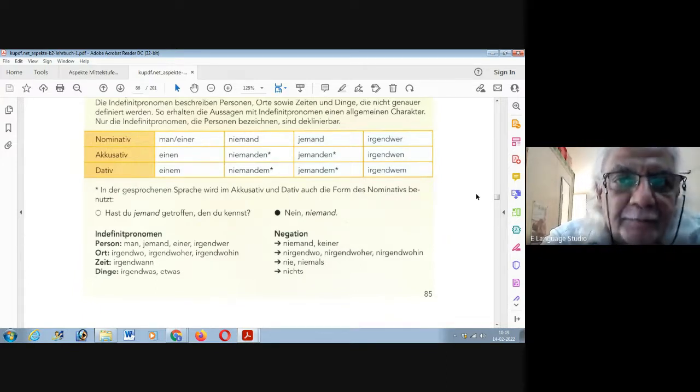So, ein Leserbrief ist ein Brief an den Redakteur einer Zeitung, to the editor of a newspaper. Also man äußert sich die eigene Meinung.